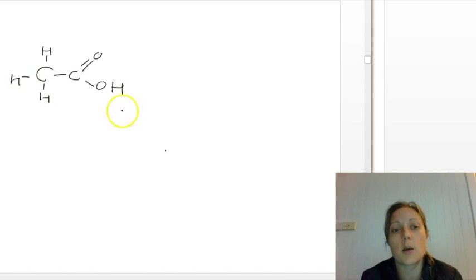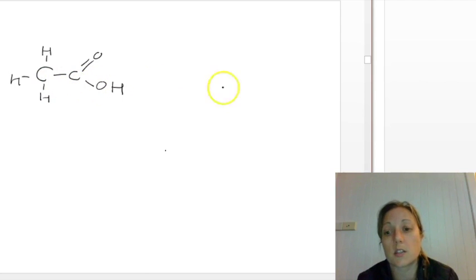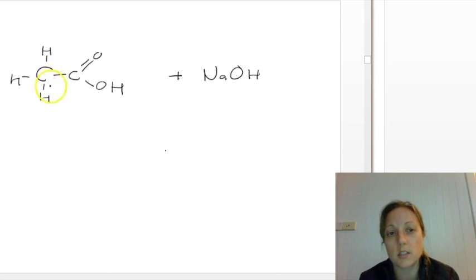If we added carboxylic acid to acidic conditions, we're going to have nothing occur because it's an acid reacting with an acid. If we added a carboxylic acid to basic conditions, so sodium hydroxide for example, we would end up with a carboxylate ion because we've got an acid plus a base here. So an acid plus a base we know forms salt and water.